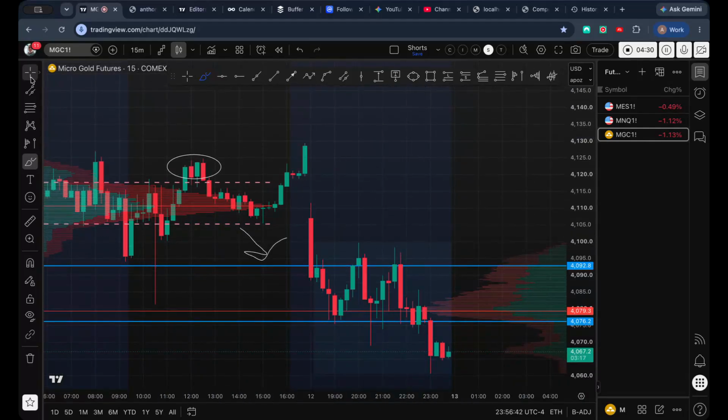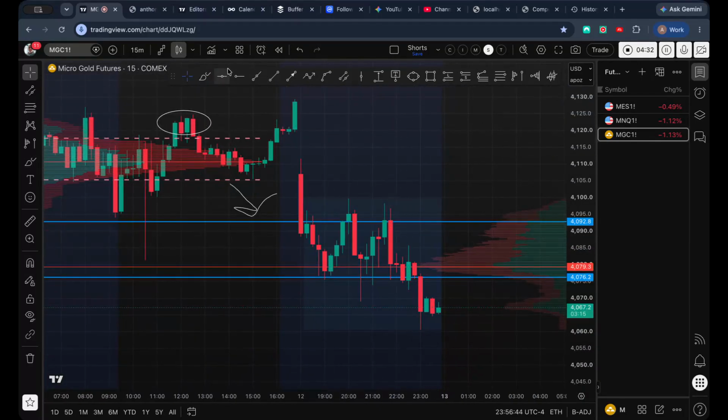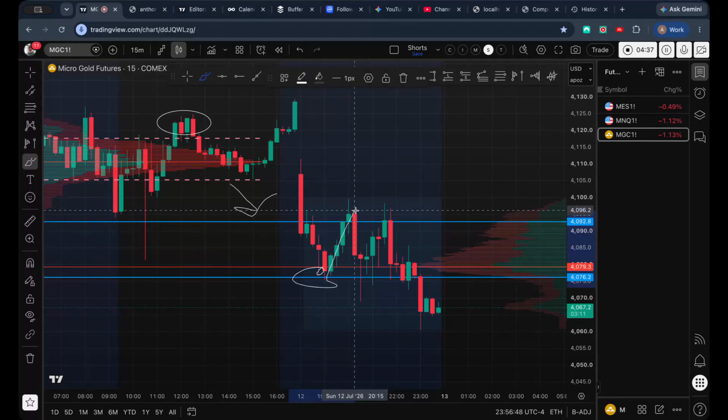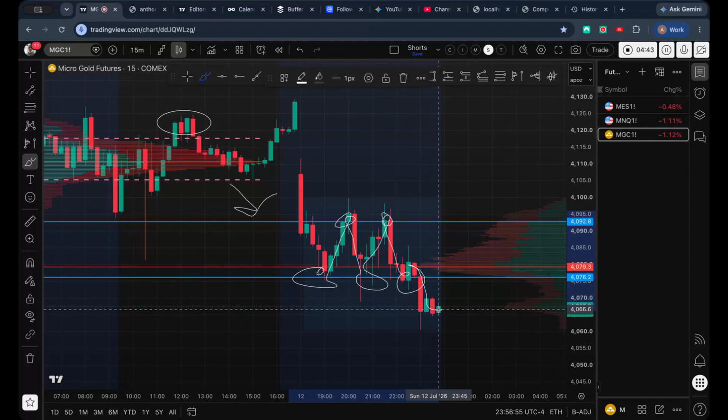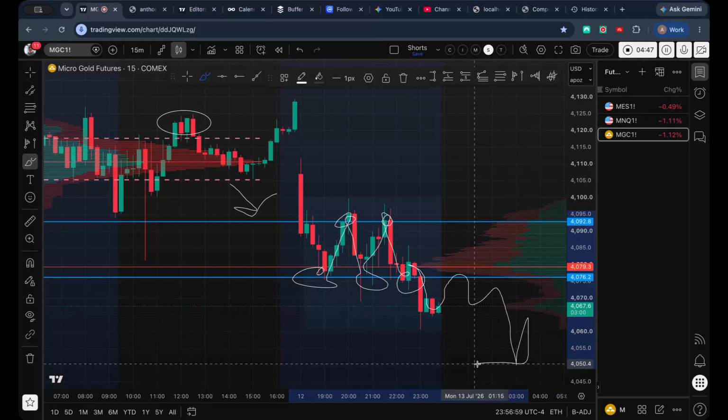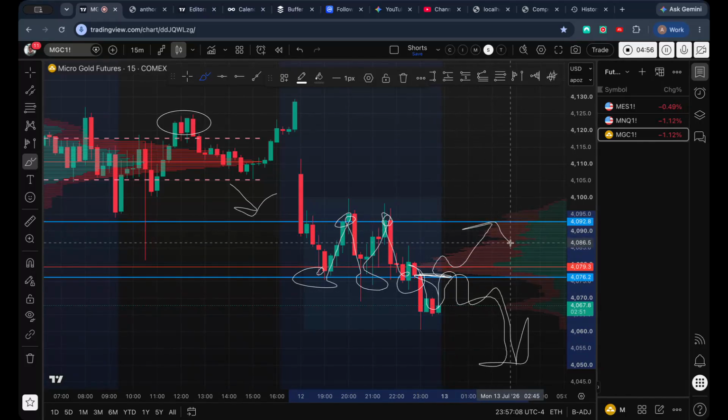You've really got to watch how this behaves, right? Down to the low, value range, to the high, to the low, to the high, to the low. Now we've got a breakout. Is this going to be sustained and go into price discovery, or does it break back into value here, in which case we're going to be looking to target that?